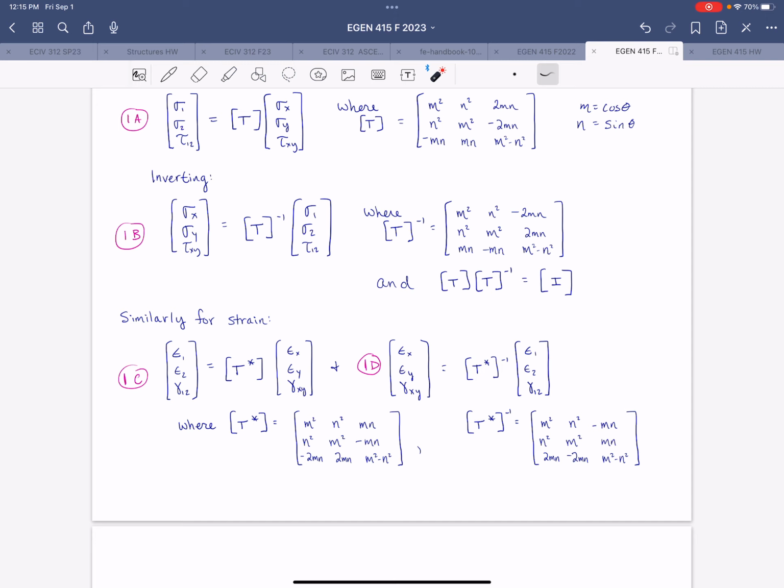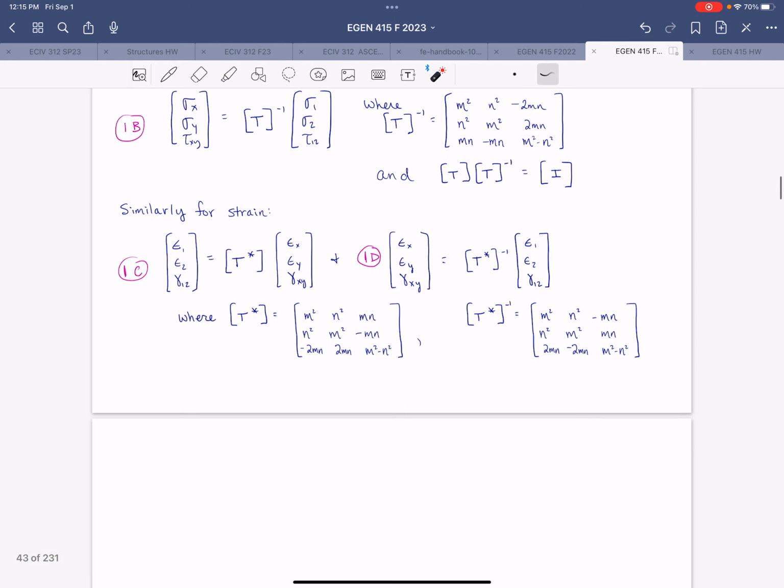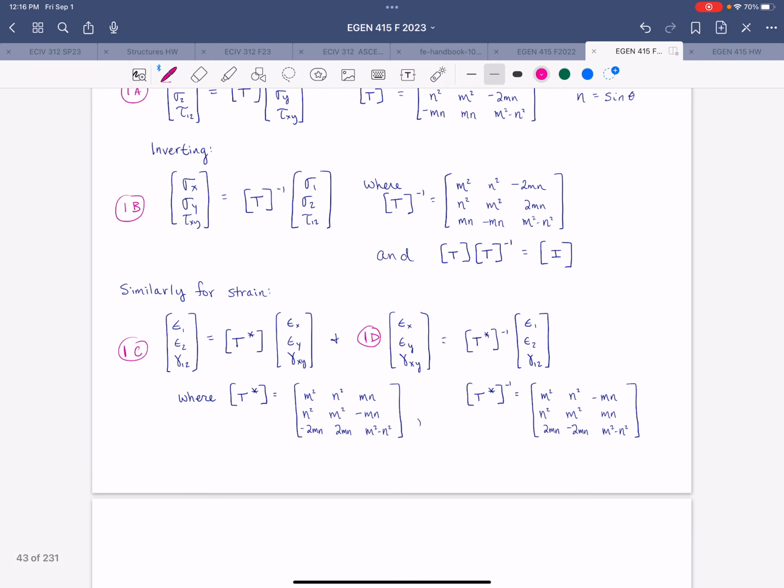You can see the difference is in the last row and the last column. They're transposed and the signs are a little different. But other than that, the process is the same. And I'll note here, unlike stress, strain depends on deformation compatibility.